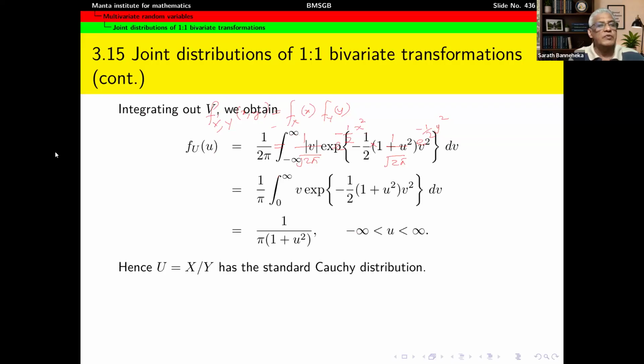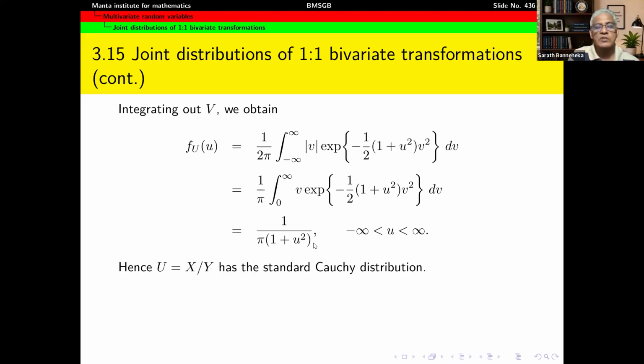If you want to get the density of u now, you have to integrate the joint density with respect to v. Since v is equal to y, where y is standard normal, v is from negative infinity to positive infinity. Therefore, you integrate this joint density function with respect to v from negative infinity to positive infinity, and this is what you get when you do that.